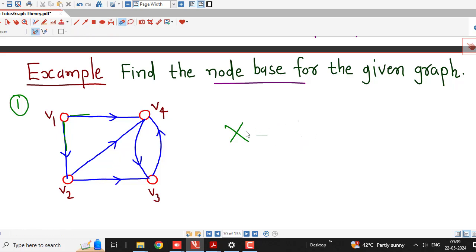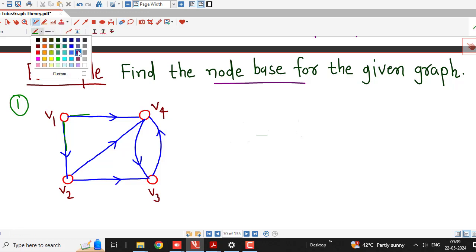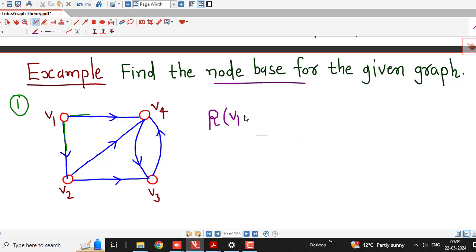But the best way to write down the node base is to first find out the reachability of each vertex. For example, first we check the reachability of V1. Then we will start with V1. V1 is reachable from itself. V2 is also reachable from V1, so we write V2.